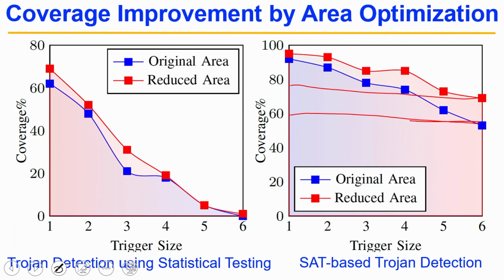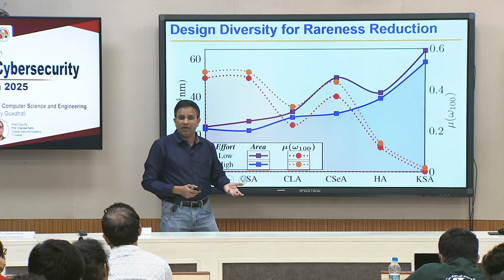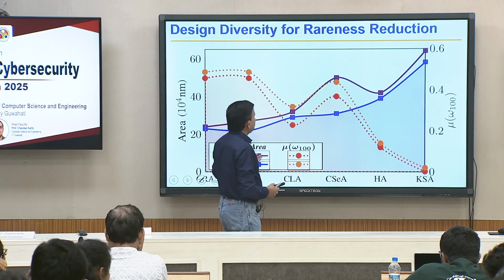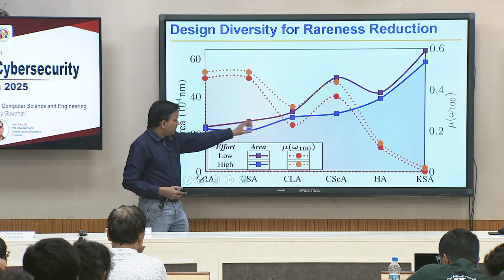So, this is one of the approaches, reducing area. There are many approaches, we looked at many other things, I just want to talk about 2 of them. This is another one, design diversity. If you are creating an adder, all adders are not equally friendly or unfriendly to rareness. So, in this example, one aspect is still area, the area story still holds for the same design.